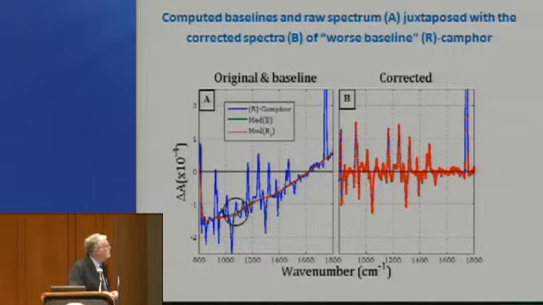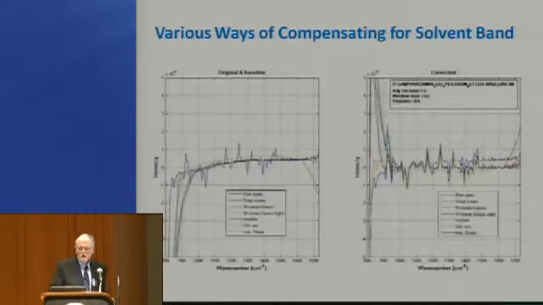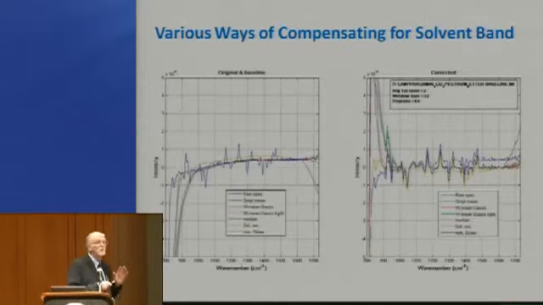So how do you handle this part at the end of the spectrum? It'll handle a spike very nicely. It'll correct the spectrum in an automated fashion. And we looked at various methods of correcting for the solvent absorption at the end, and this is basically adding a sigmoid at the end of the correction.